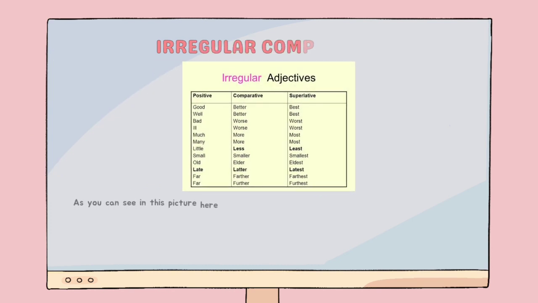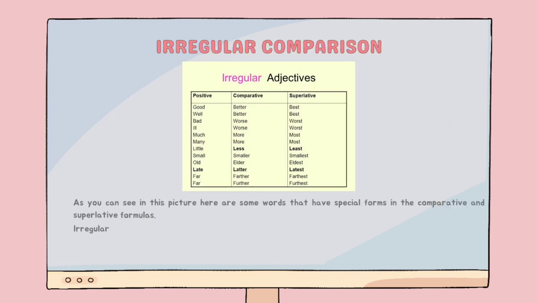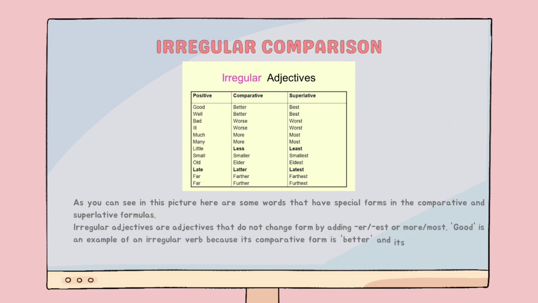The third is irregular comparison. Good, better, best. Well, better, best. Bad, worse, worst. Ill, worse, worst. Much, more, most.